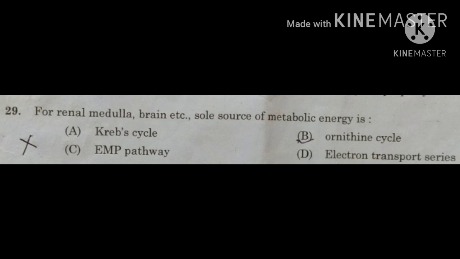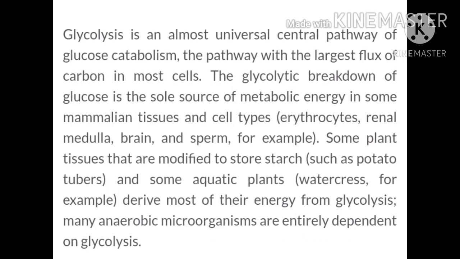The next question is, for renal medulla, brain, etc., the sole source of metabolic energy is option A, Krebs cycle, option B, ornithine cycle, option C, EMP pathway, and the last option is electron transport series. The breakdown of the six-carbon molecule glucose into two molecules of three-carbon molecules, namely pyruvic acid, is known as glycolysis or glycolytic breakdown.